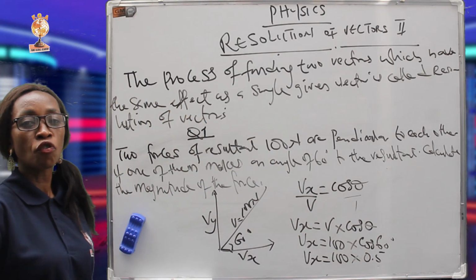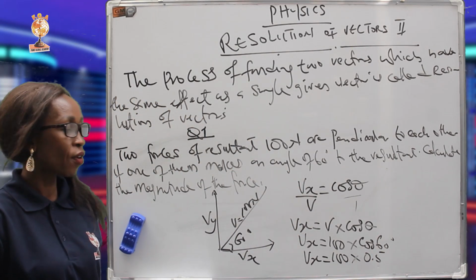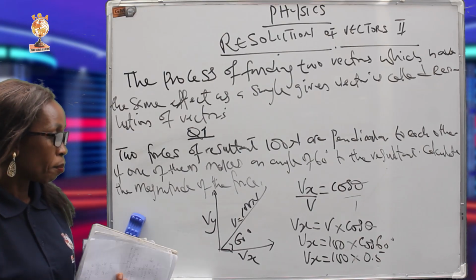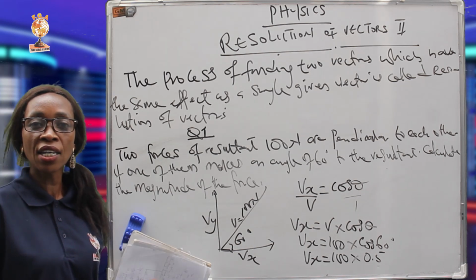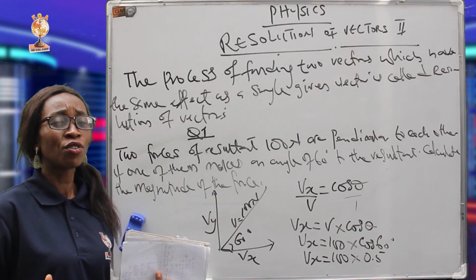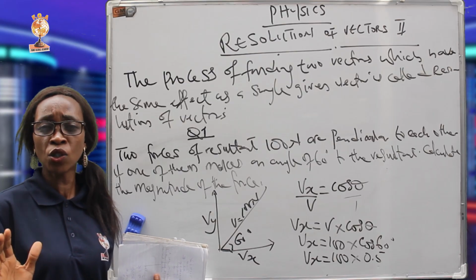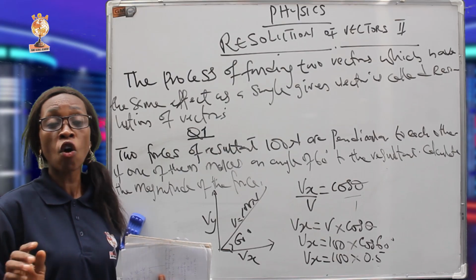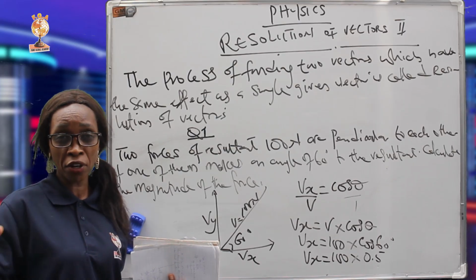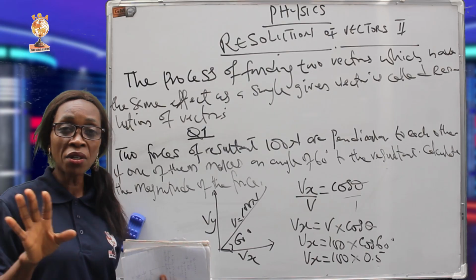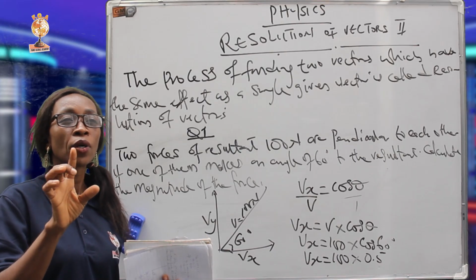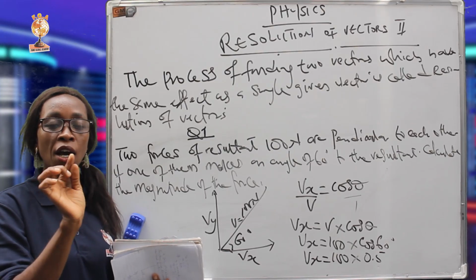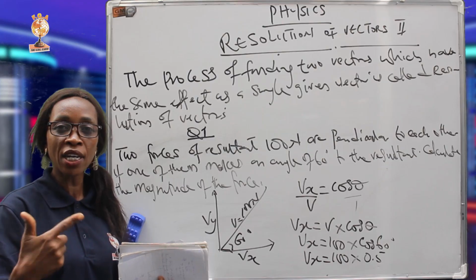Vx is equal to 100 times cos 60 degrees, which is 0.5. If you use a four-figure table, you can get 0.5. If you use your calculator, it is equally 0.5. They are the same. But I tell my students, as a physics student, there is no crime in having a good scientific calculator, because it will aid you. Nobody will give you an exam without telling you to use your calculator. Even those writing JAM in the West African world, there's still a space in your system where you can punch your graph to aid your quick answers.